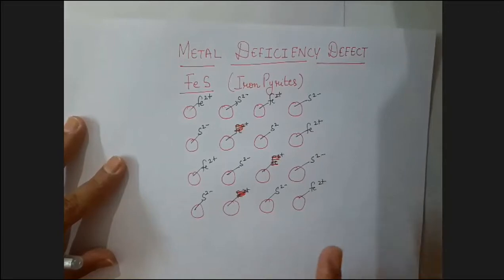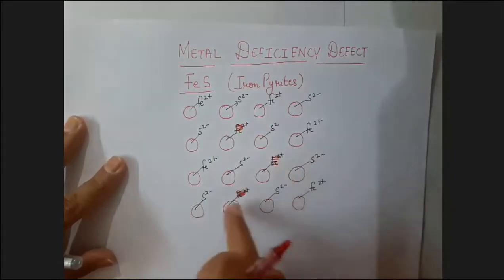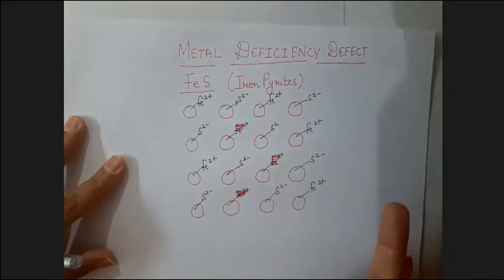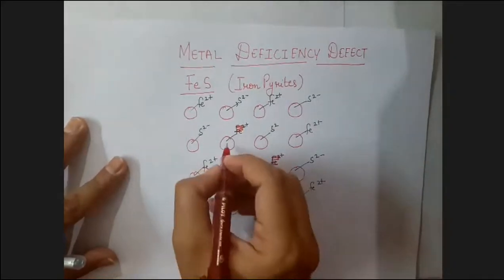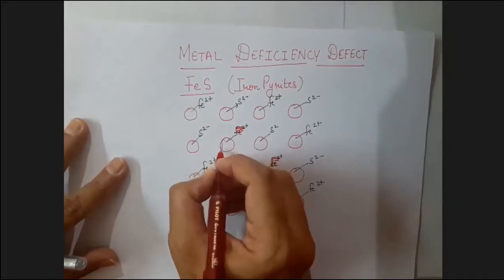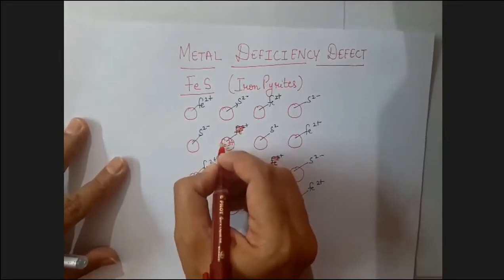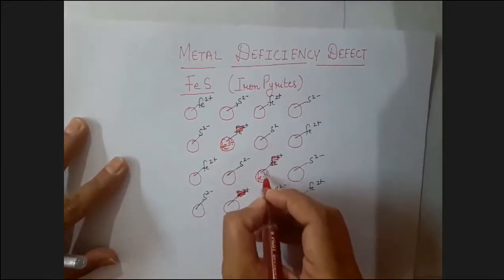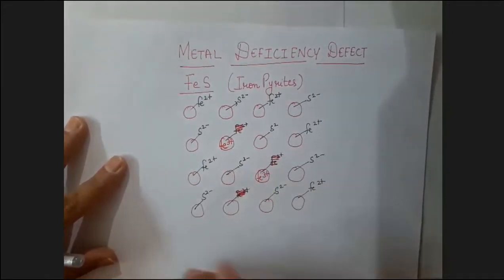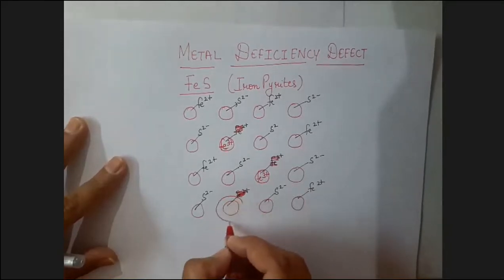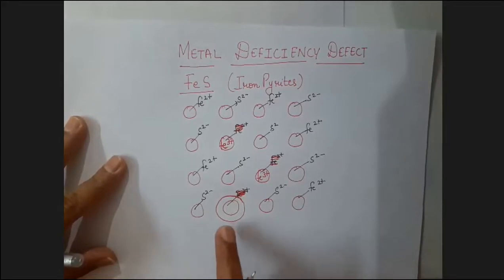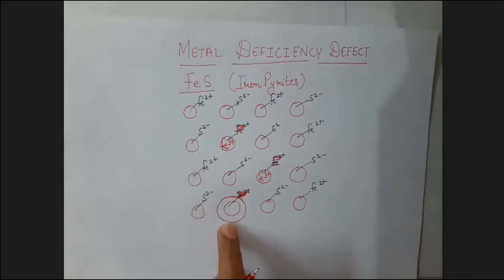To maintain neutrality, the same metal ion having a higher positive charge is added. Here Fe3+ is added. Here also Fe3+. But the vacancy remains as such. The vacancy is created.